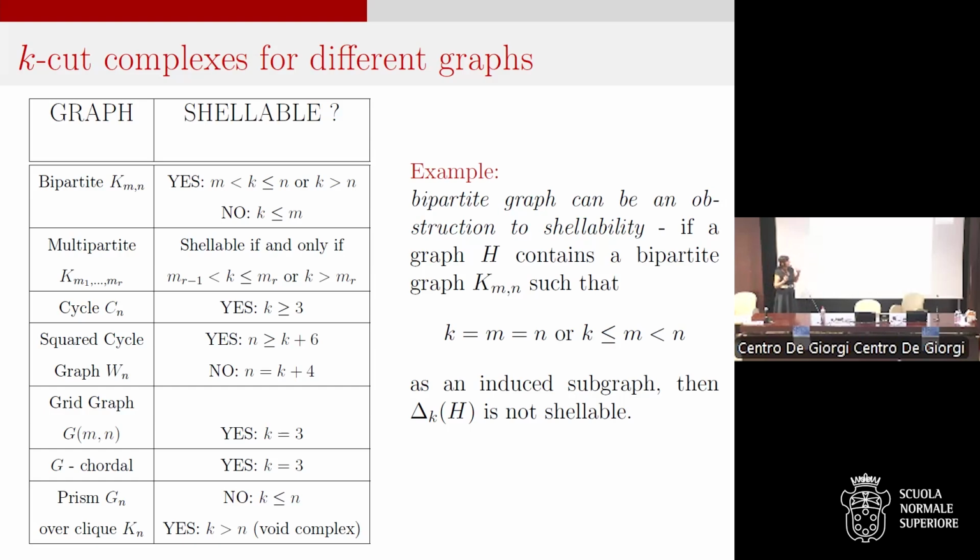So for example, if we have some bipartite graph that doesn't have a shellable complex, and if that is an induced subgraph of our graph, we know that that part is an obstruction to shellability, and the entire cut complex is not going to be shellable.